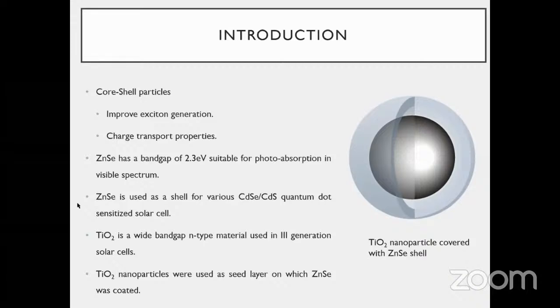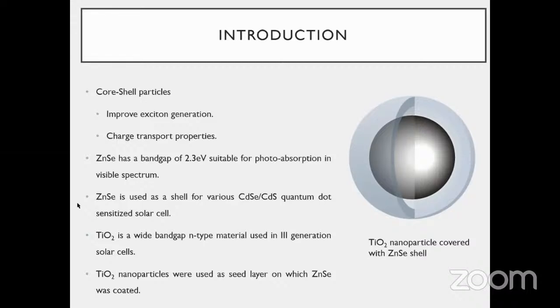Here, I'm going to talk about excitonic solar cells first. In an excitonic solar cell, we always use TiO2 to transport the charge carriers, and we use a separate sensitizer for exciton generation. So here I have chosen a core shell particle to do the same.